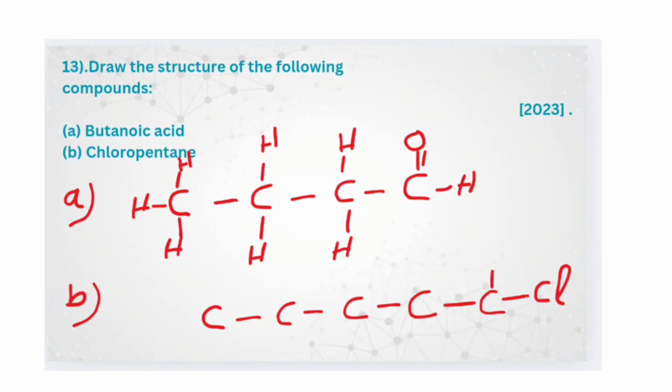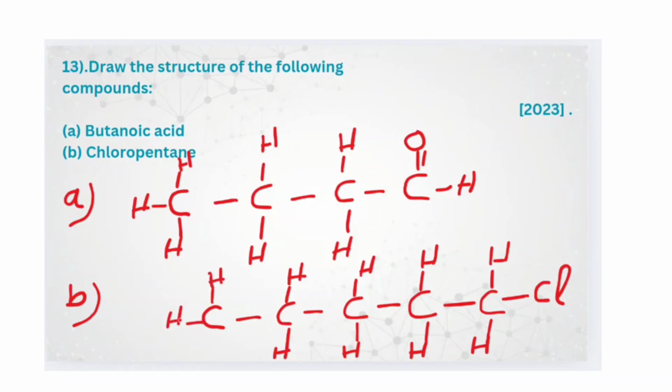Then adding hydrogen atoms. Here also hydrogen, here also hydrogen, and here 3 hydrogen atoms. So these are the answers for butanoic acid and chloropentane.